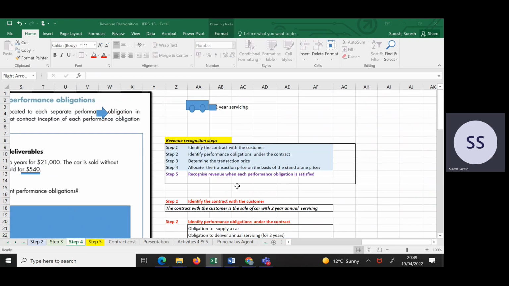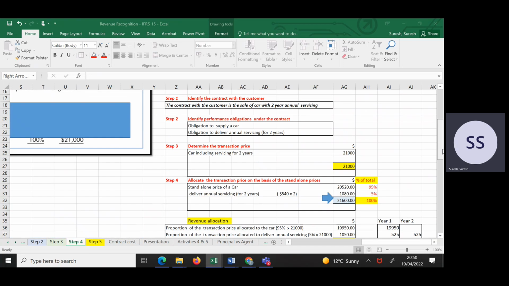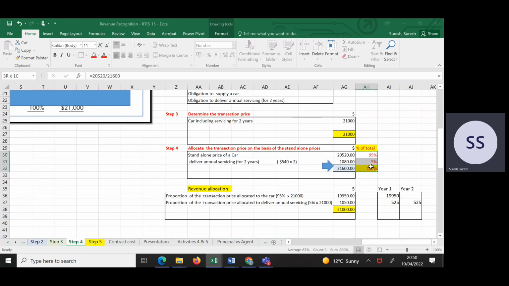If we go back again, it will make more sense. Let's read this: the transaction price is allocated to each separate performance obligation in proportion to the standalone selling prices. According to this proportion, the transaction price has been allocated.